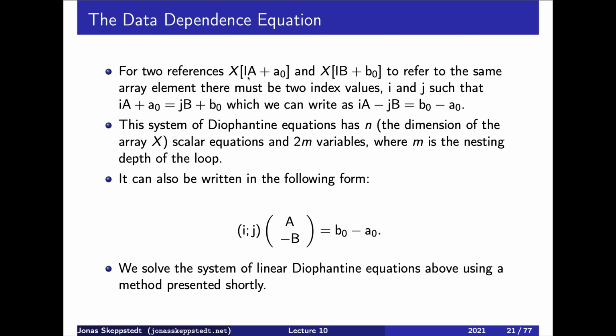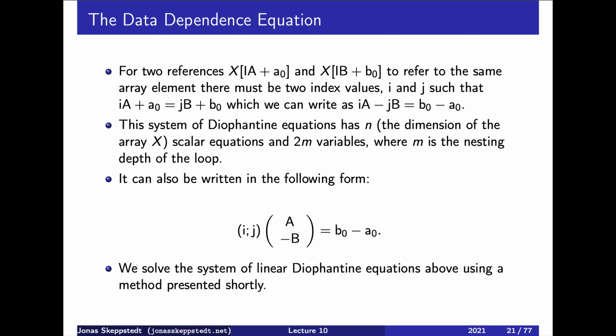And then what we really mean is that one of these two references is somewhere in the loop and this one is somewhere else in the loop, and at least one of them is in an assignment, I mean to the left hand side of an assignment. Then what it means that there is a data dependence is that these two different iterations both access the same array or matrix element.